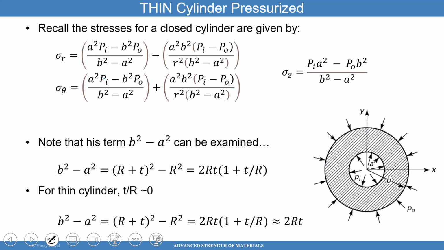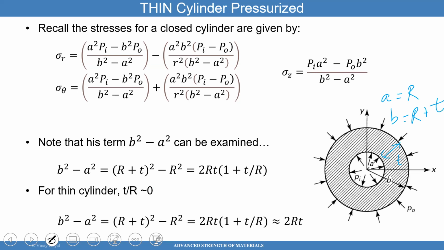If you go back to algebra, let me backtrack a little bit. Let's say the inner radius is R, and the thickness here is T. So then B becomes R plus T, correct?